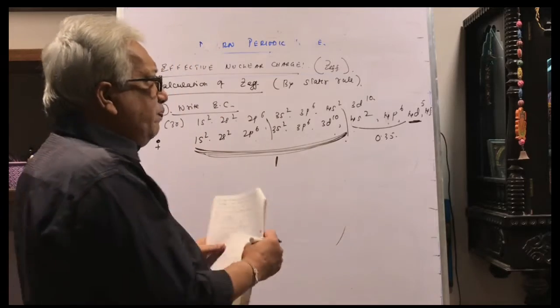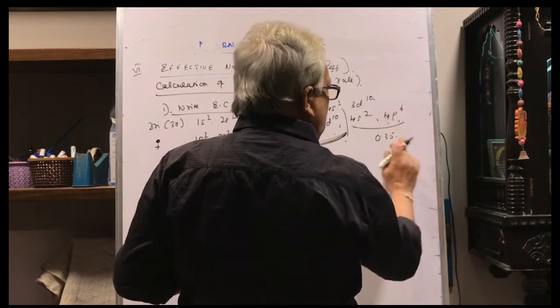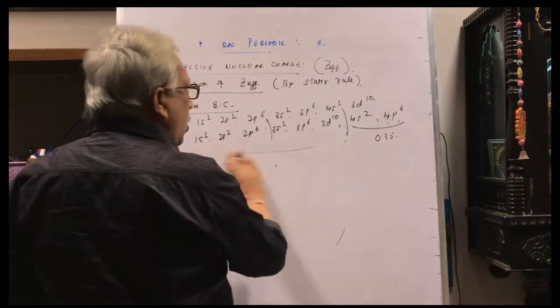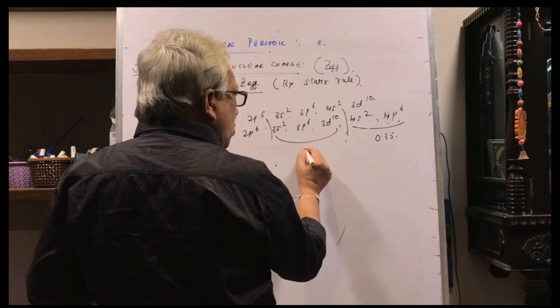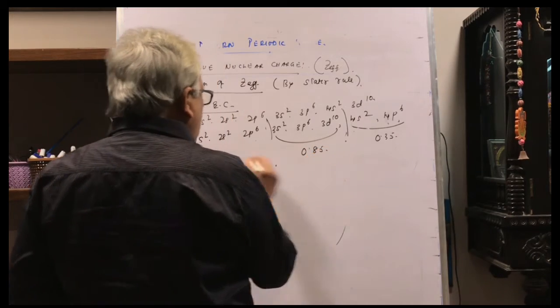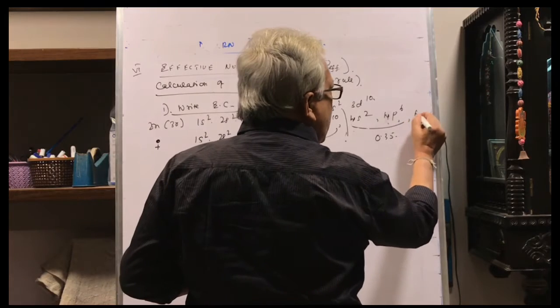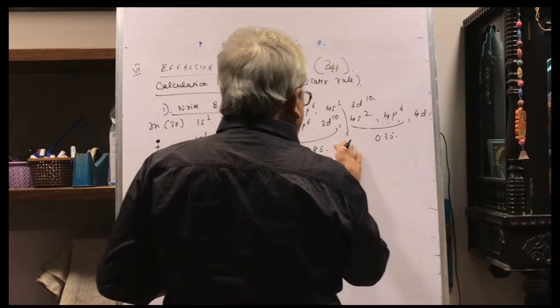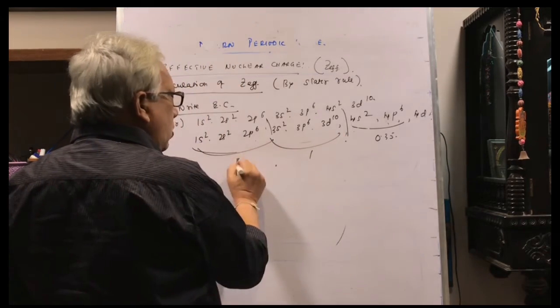I repeat once again, if I am thinking of S and P, in that case this will be 0.35, all it is a fourth shell, so third shell का सब लोग, each one will be 0.85, and the rest will be 1. But if I am thinking of 4D, then this is 0.35, but then this all 1, this also will be 1.